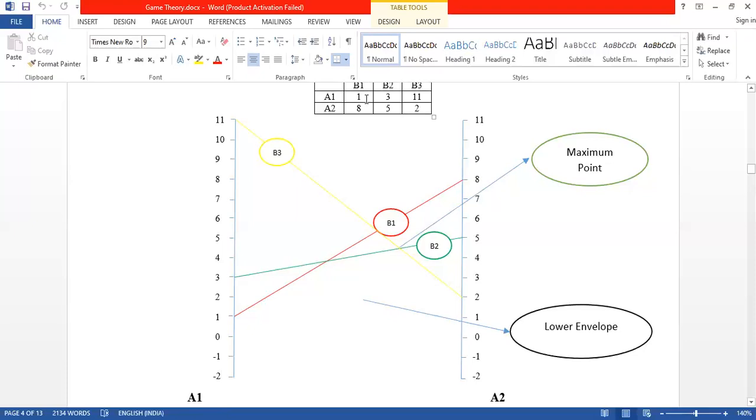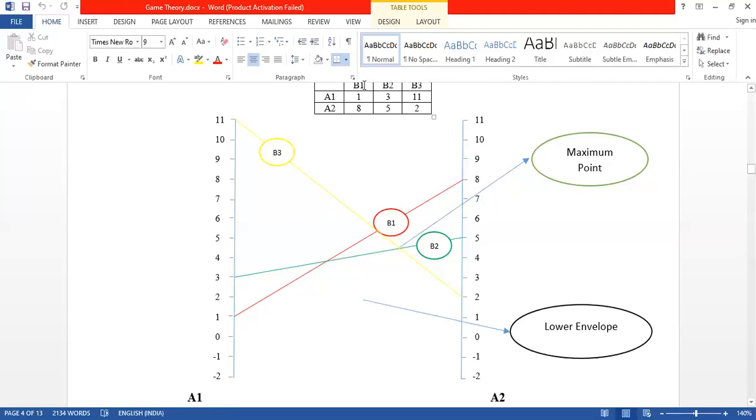Fine. Now, let me go to B1. See, B1 has 1 on A1 and 8 on A2. So 1 on A1 and 8 on A2, and these two points have been connected by a red line. This is a graph, right? You will be drawing manually, so it will be easy for you. Connect these two values.